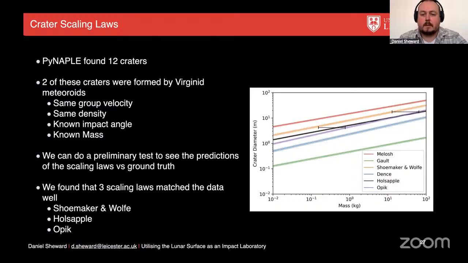It tends to overestimate the crater diameter, which could be one of the reasons why we didn't find as many as we thought, because the material was actually making craters smaller than we were expecting.